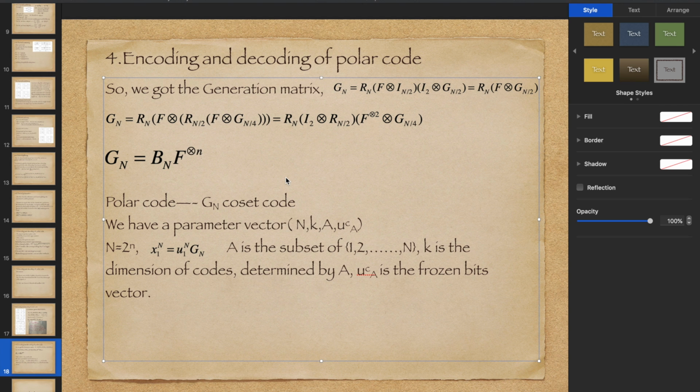And K is the dimension of A. And UA complementary is the frozen bits vector we actually are going to transmit. Usually it's just all 0 vectors.